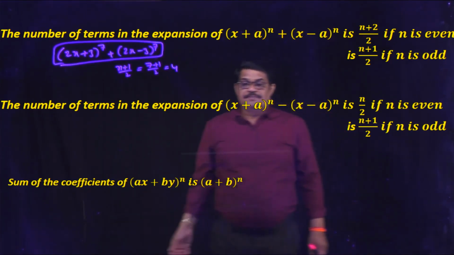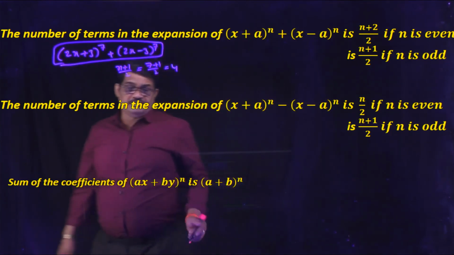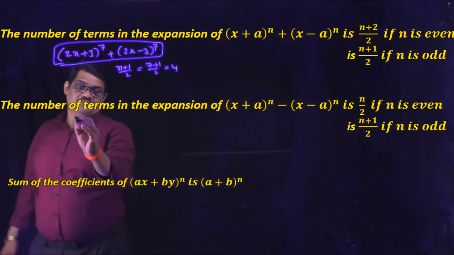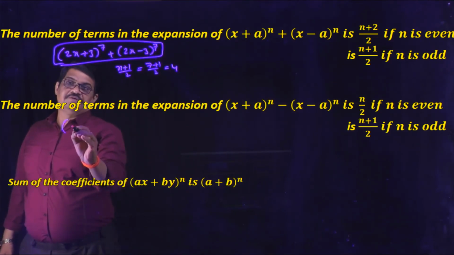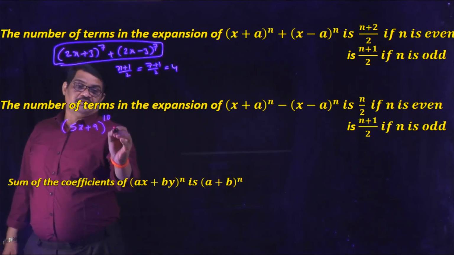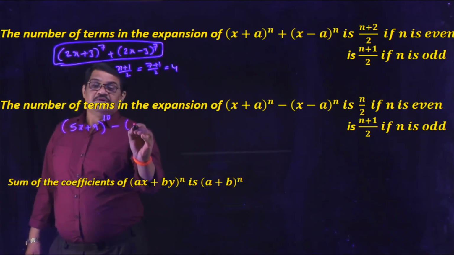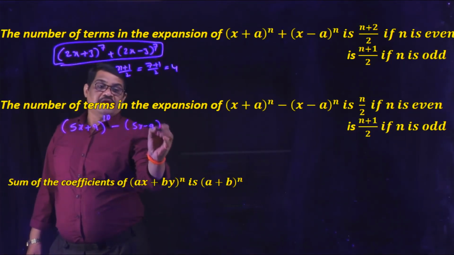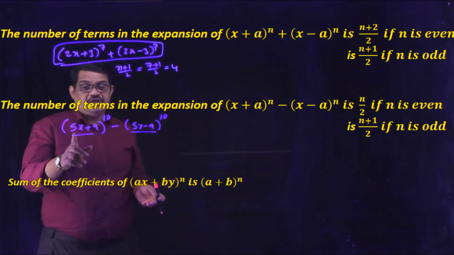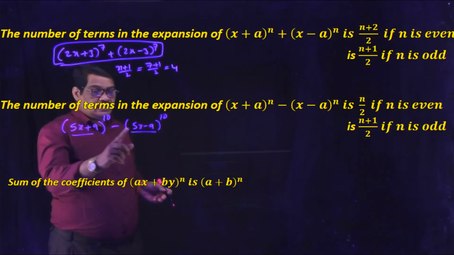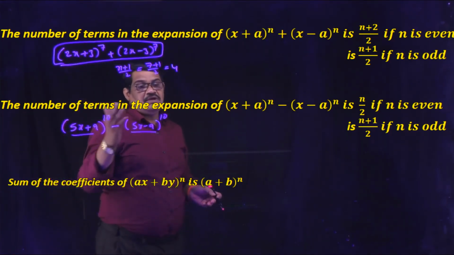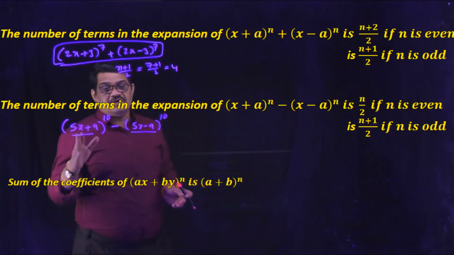In that expression, suppose you take (5x + 9)^10 − (5x − 9)^10. These are similar terms: 5x + 9 and 5x − 9, that is x + a and x − a.